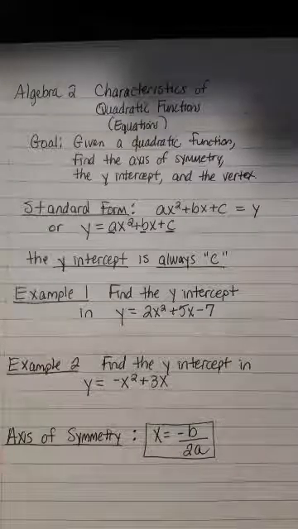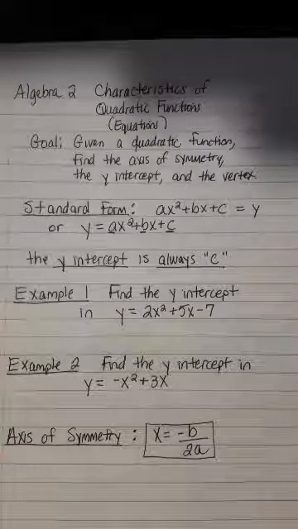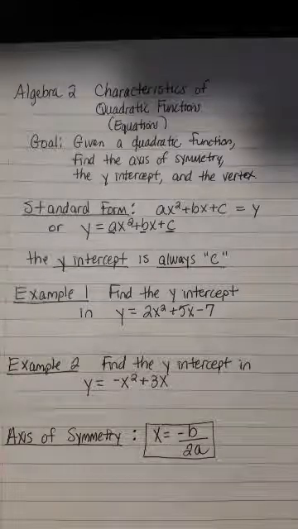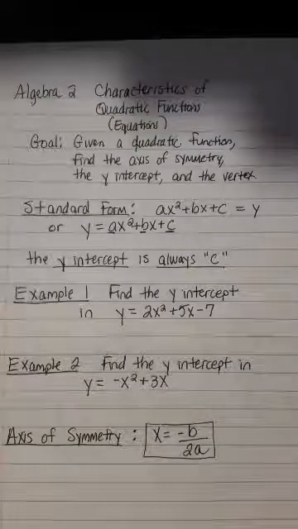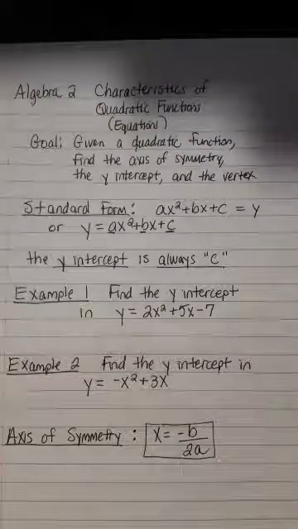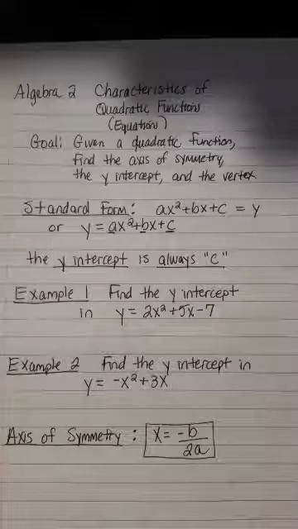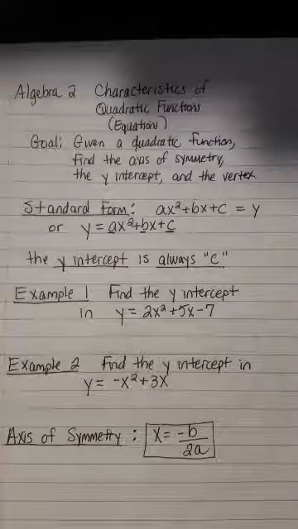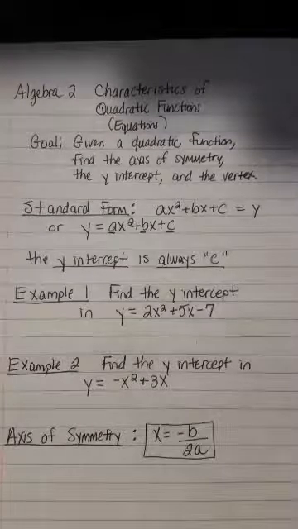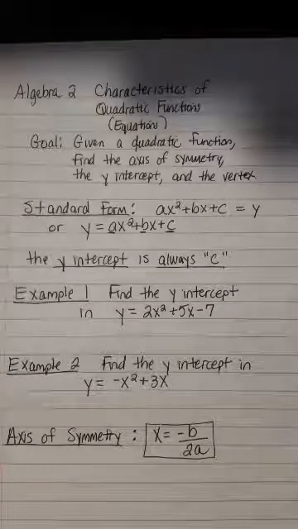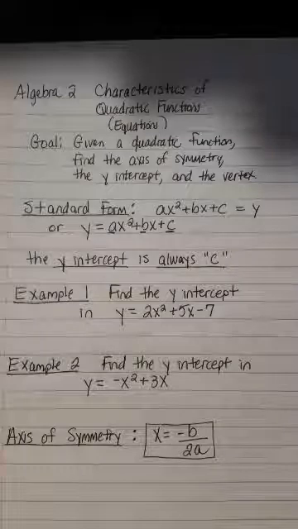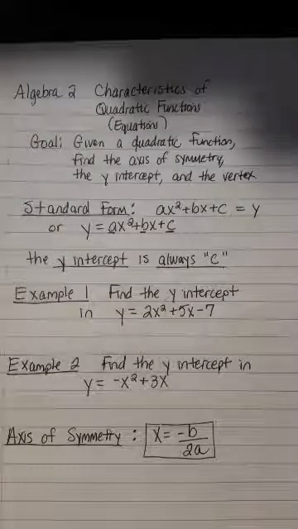Now we're still going to be looking at that stuff, but instead of looking at the graph, we're going to look at equations and learn how to find those things from an equation. Eventually we're going to be able to take an equation, pick out key points like our vertex and our y-intercept, and plot them on a graph so we can draw the parabola ourselves.